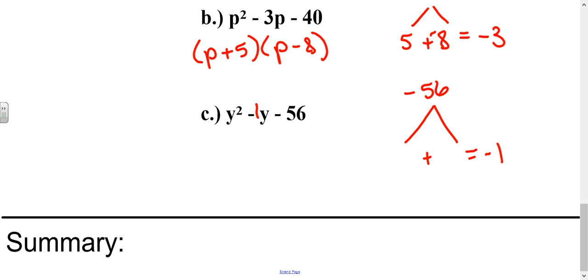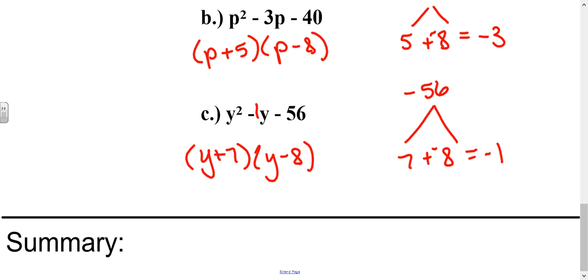And then you might try a few others on your calculator to see which ones work. But I know that 8 and 7 multiply to be 56, and those are one number apart. So I know it's going to be 7 and 8, but which one would have to be negative to come up with a negative 1? It would have to be the 8. So we've got y plus 7 and y minus 8.